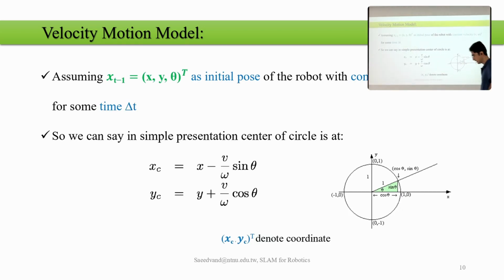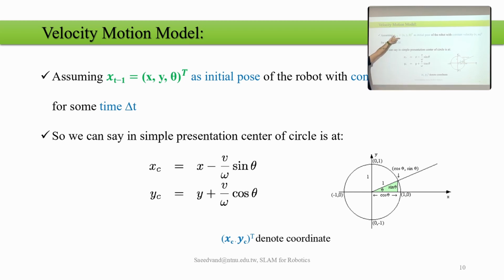So what we need to do at the beginning, let's assume that from xt minus 1, the robot is at x, y, theta as the initial pose. We want to have constant velocity v and w for some time delta t, during which the robot moves.